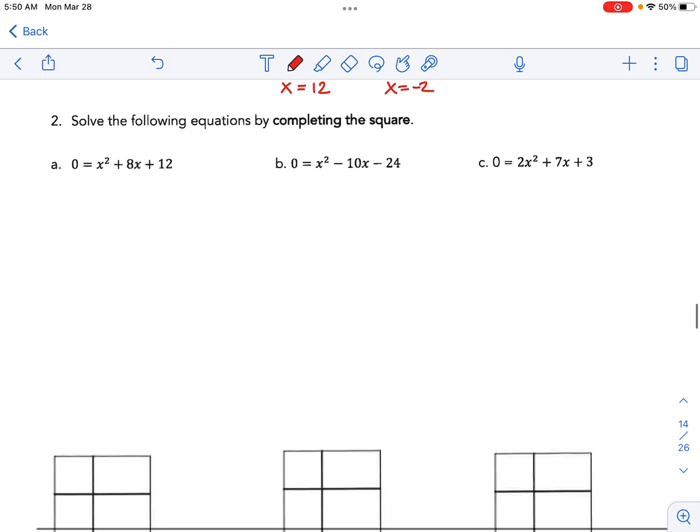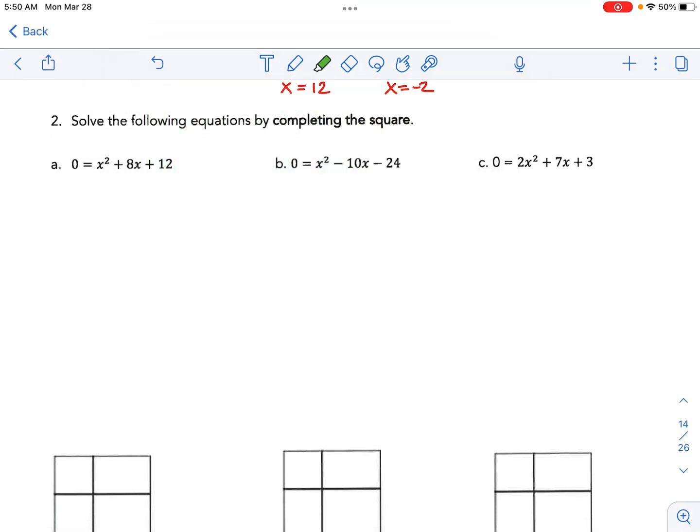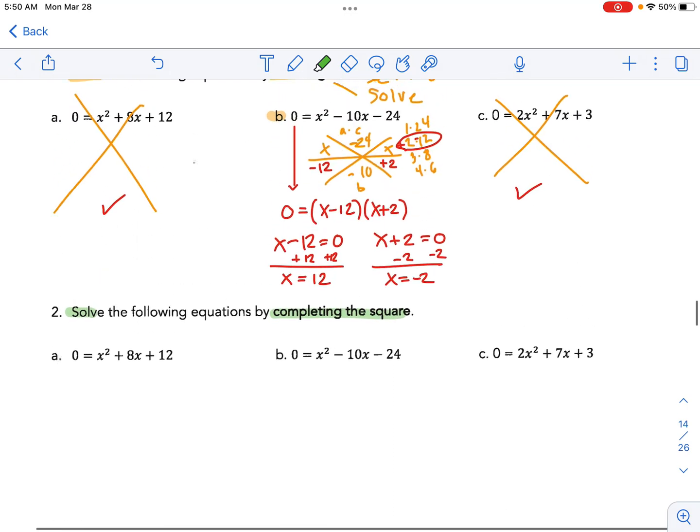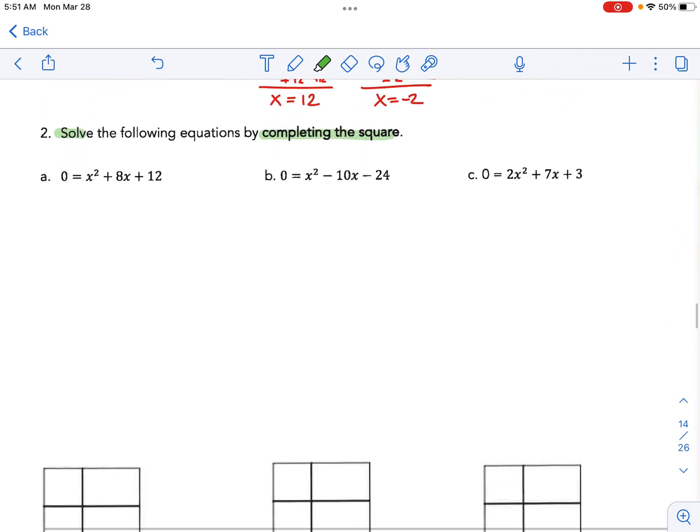All right, let's try question 2. Question 2 is a completing the square. Again, this is a previous section. It's asking you to solve by completing the square. Similar progression, right? We're going to factor this, and we want to set this up as a perfect square.